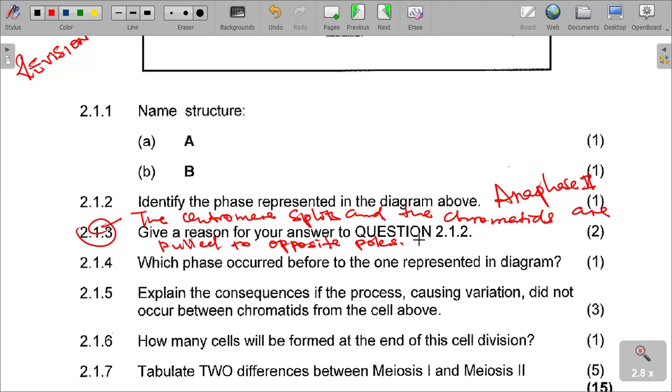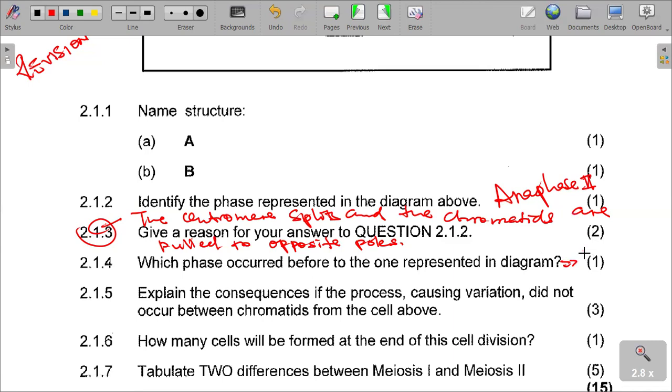Which phase occurred before the one represented in the diagram? This question is quite common and familiar.